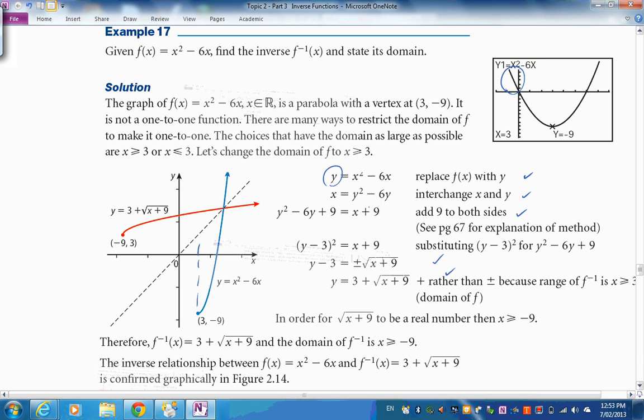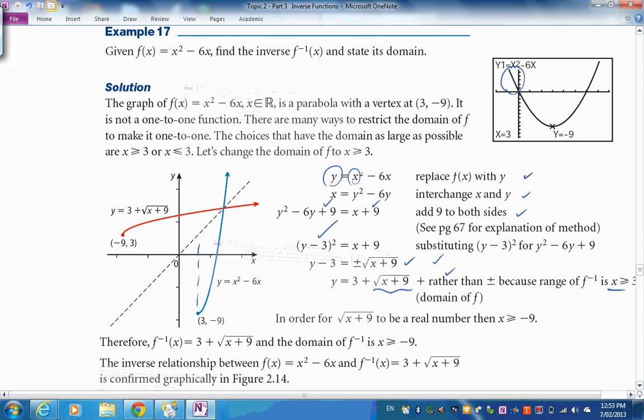Change y and x, get y by itself, x by itself. This is a bit harder, have to factorise that, and then take the root of both sides, and then we're only going to use the positive root because it's over here at x is greater than 3.